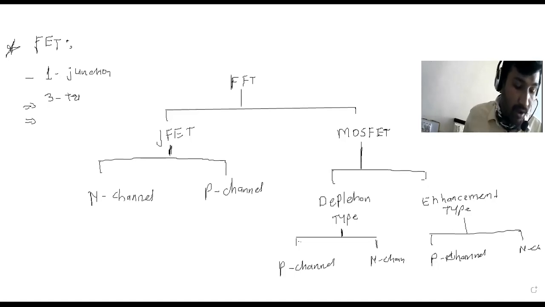Good. Now we see the symbol, and what is meant by FET and all that, right? We see one by one. Does anyone want to say anything? If anybody has any doubt, let me know.